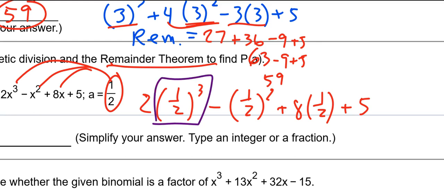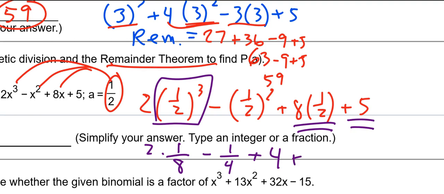That would be 1 times 1 times 1 over 2 times 2 times 2. That's 8. All right, and then we're going to multiply that times 2. Minus, okay, so that's 1/2 times 1/2. That would be 1/4, which would be 1 times 1 on the top and 2 times 2 on the bottom. And then, of course, we have 8 times 1/2. That's 4. At the very end, we have a 5.